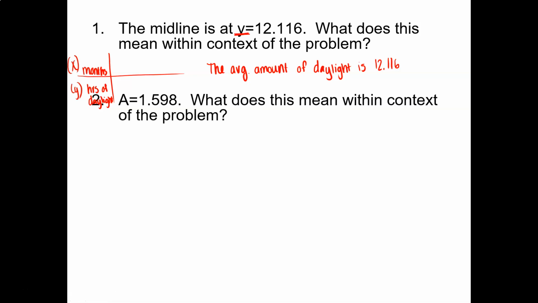Okay, amplitude is 1.598. What does this mean within the context of the problem? It is your variation from that average, right? So the amount of daylight varies 1.598 hours from the average.